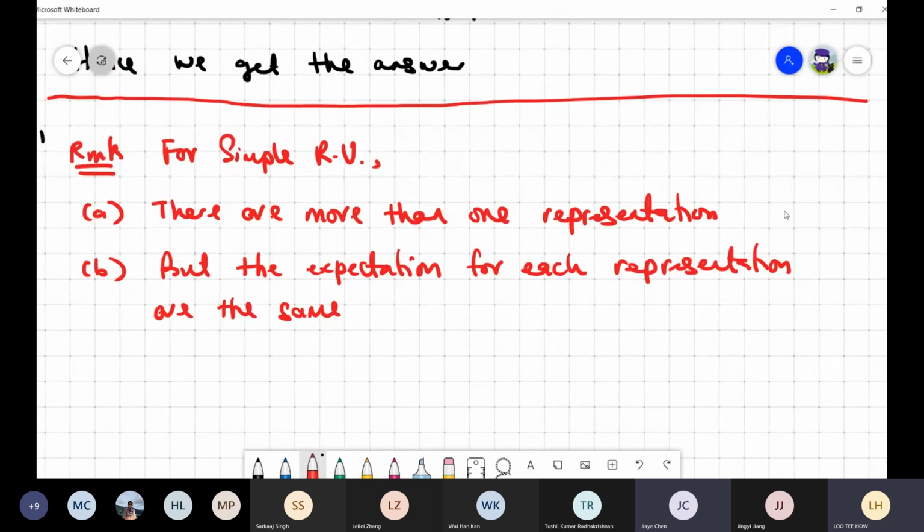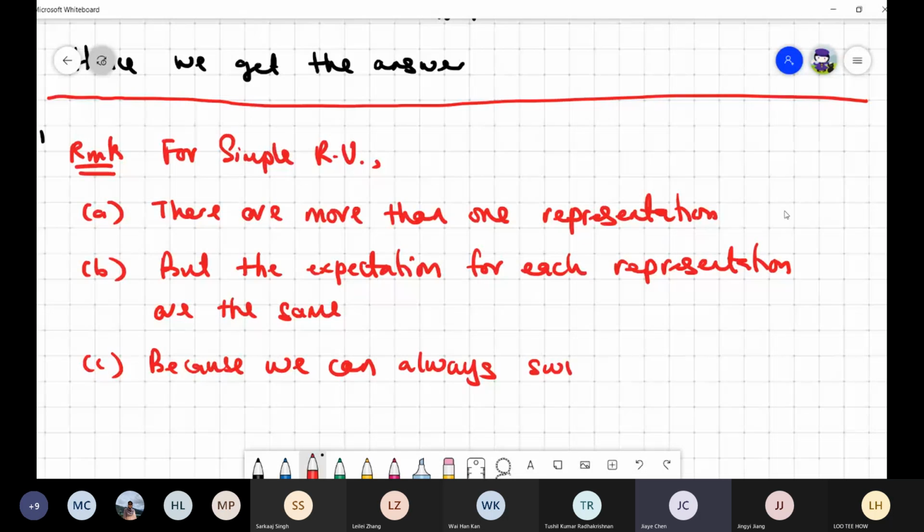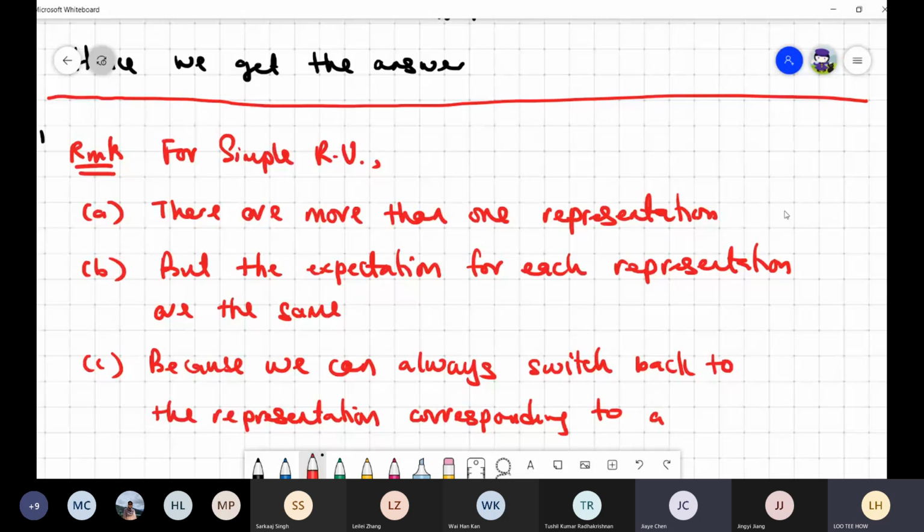The reason is that we can always switch back to the representation corresponding to a partition.